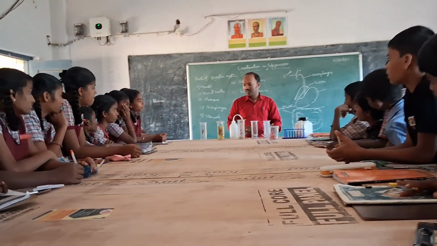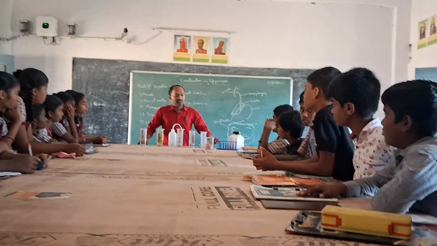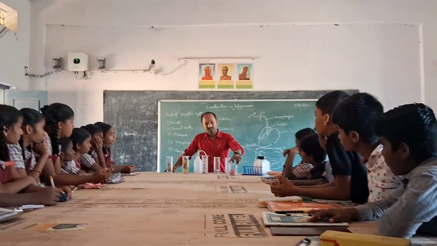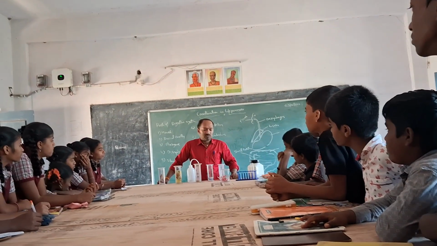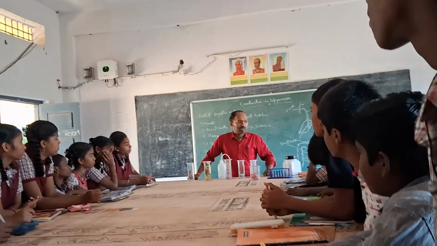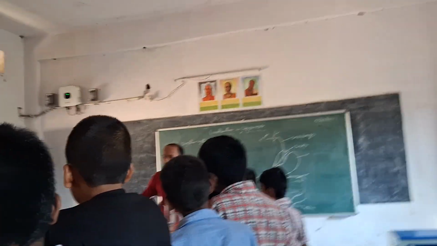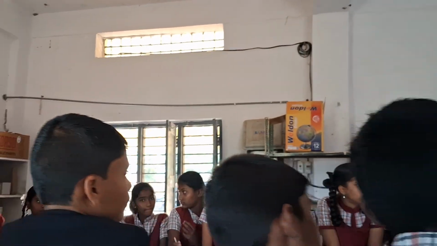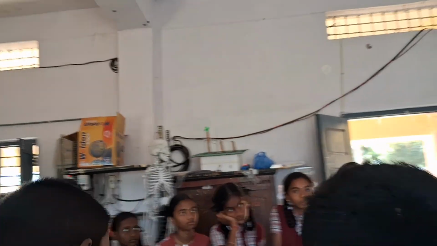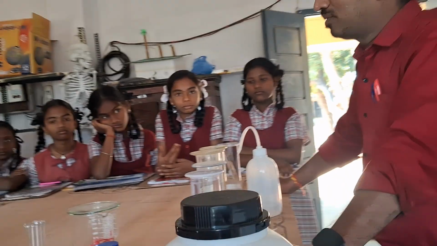And already we placed the lime solution in this beaker. So what will happen after some time? The lime solution color changes from off-white to milky white because plants also take breath.